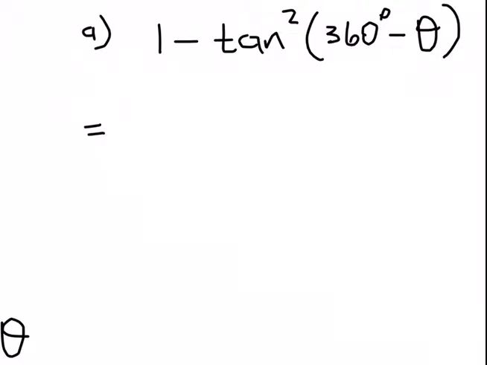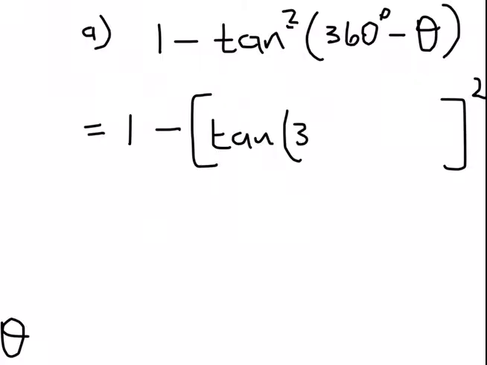So you have 1 minus... let's see, how are we going to do this one? If you have that squared there, rather do it like this, how I've explained. You see, that squared is actually there, and this thing inside is the same as that.